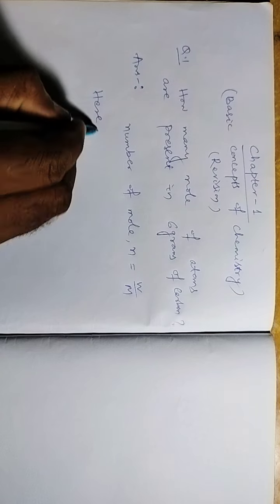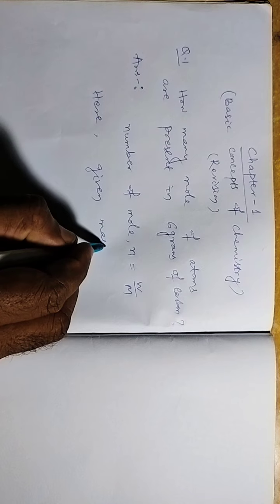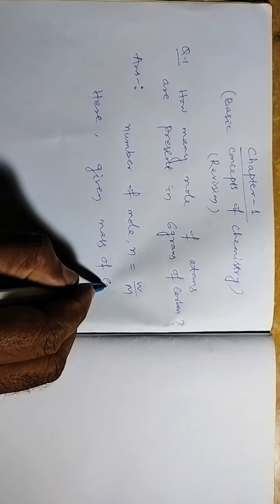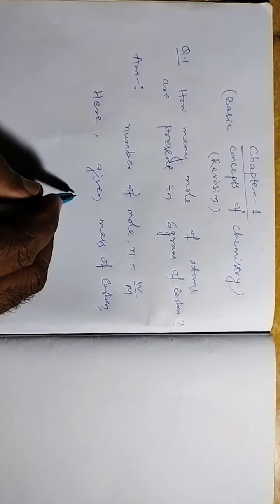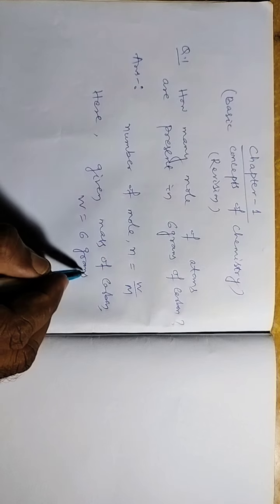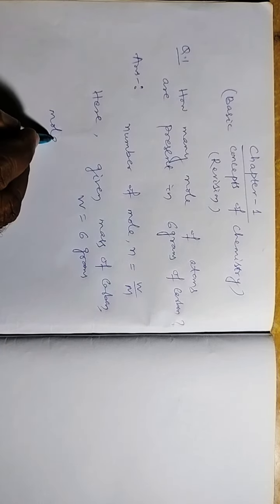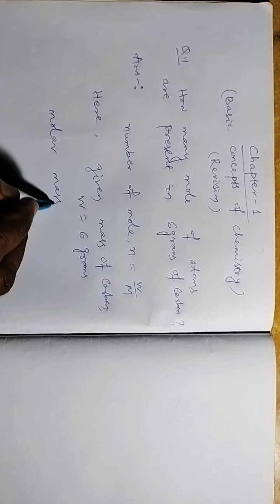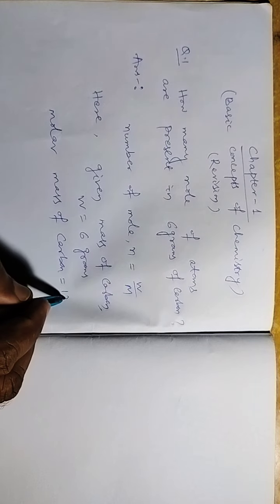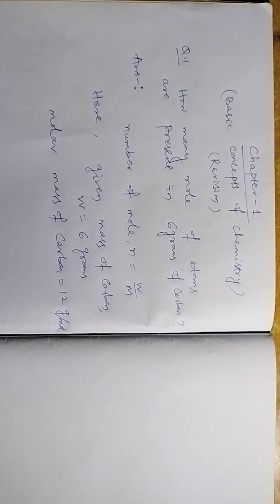So here, given mass of carbon, that is W is equal to 6 grams, and molar mass of carbon is equal to 12 gram per mole.